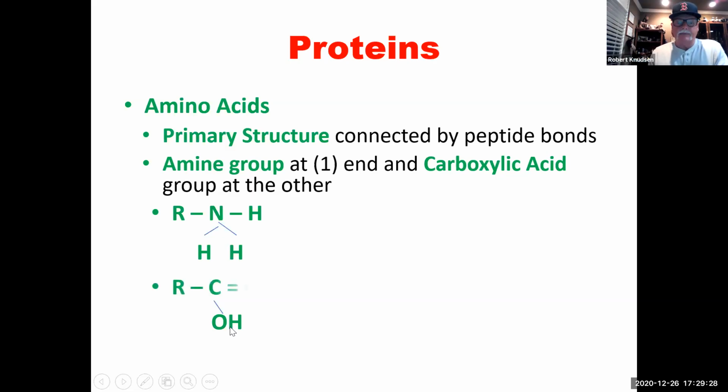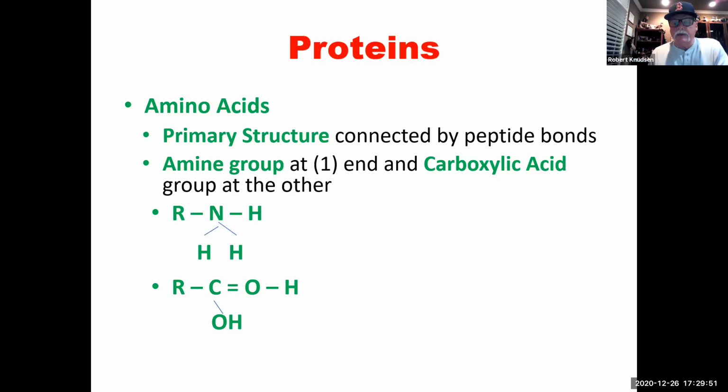Understand? I think I have it right. There we go. C double bond O. That's incorrect. This does not go there. That can't be, because that would have a bonding capacity of 3. That's not it. Okay. So this goes up to there. Got it?